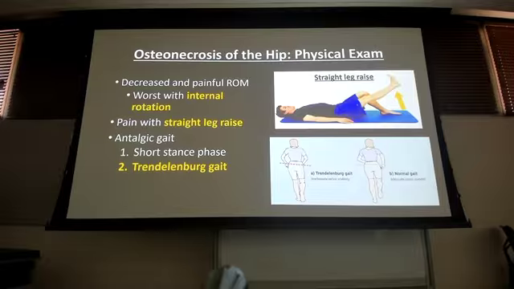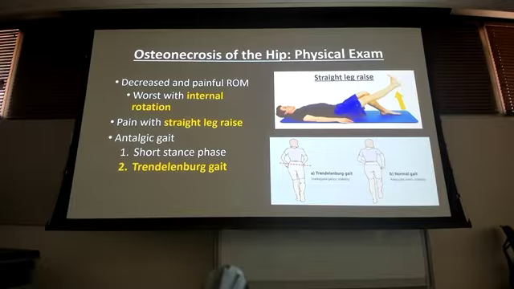Because you can't just say positive straight leg raise, because can it be positive also for lower back pain? So you're telling me nothing. It's a positive straight leg raise because it reproduces their anterior hip pain, or their anterior hip pain that radiates to the lateral aspect and their buttocks. Does that make sense? So that's a better way of saying that.